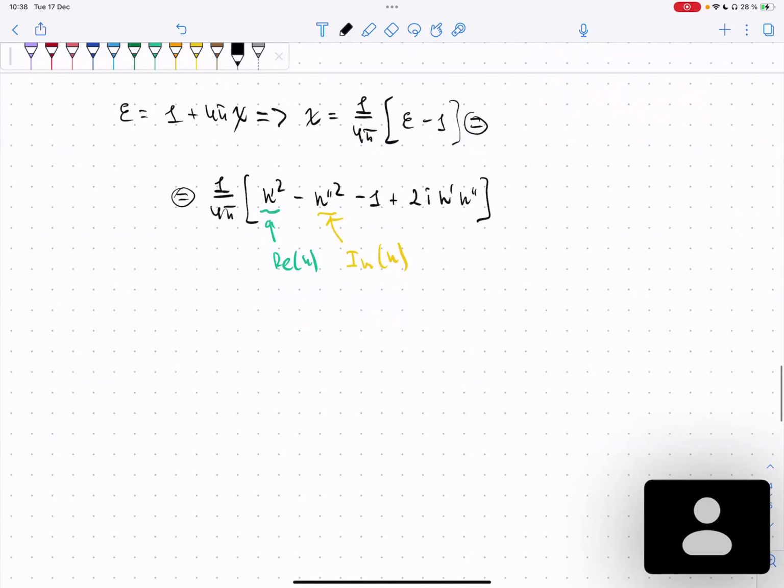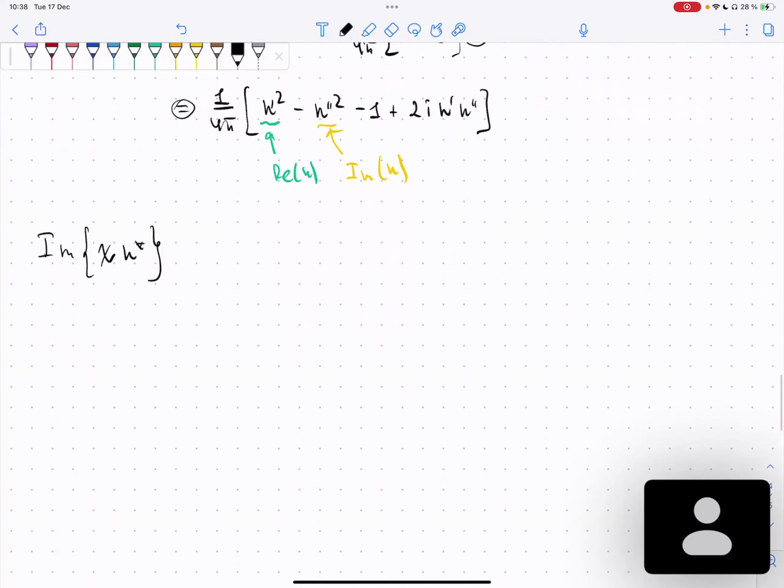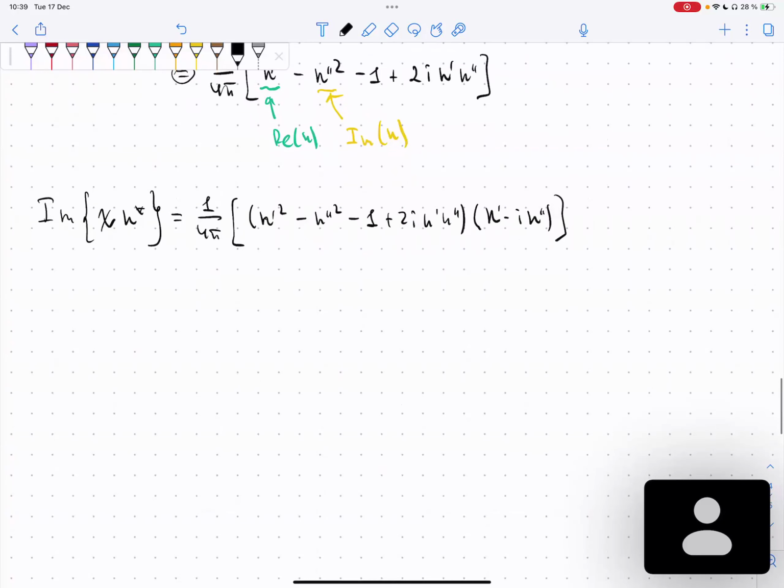Therefore, we can write that the imaginary part of chi multiplied by n conjugated equals 1 divided by 4 pi, n prime squared minus n double prime squared minus 1 plus 2i n prime n double prime, multiplied by n prime minus i n double prime.